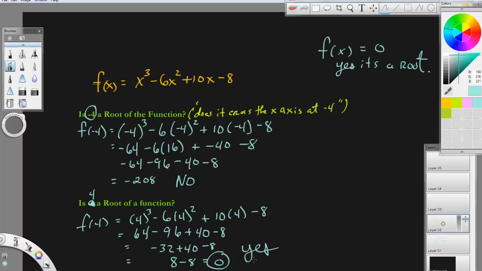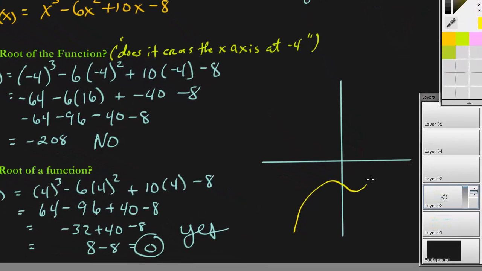And the reason why is that's where this graph crosses the x-axis. If I just sketch a quick picture of this, I do believe it is going to come up, go something like this, and then cross right through the x-axis at 4.